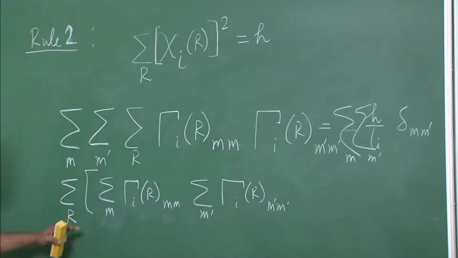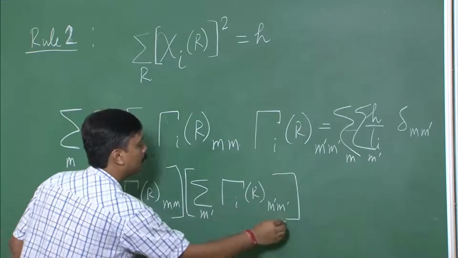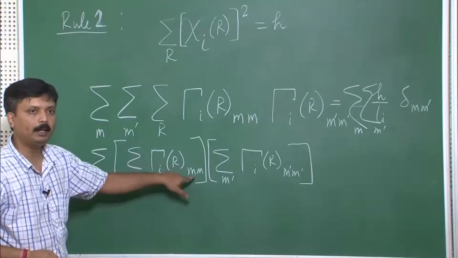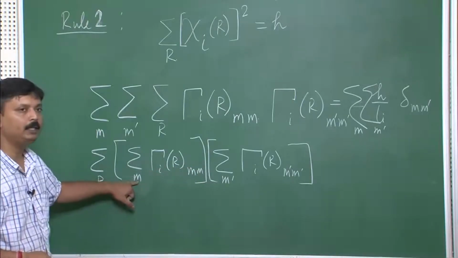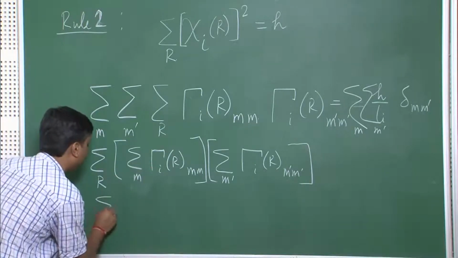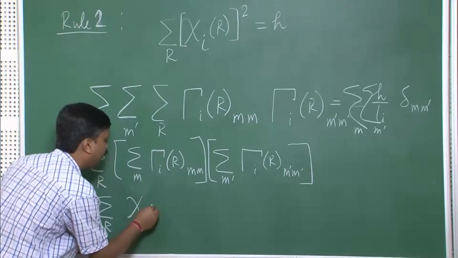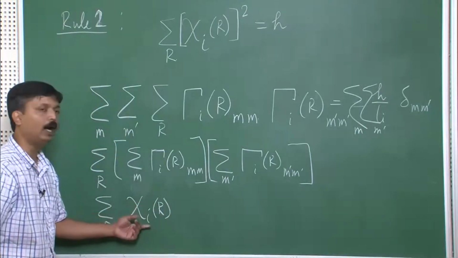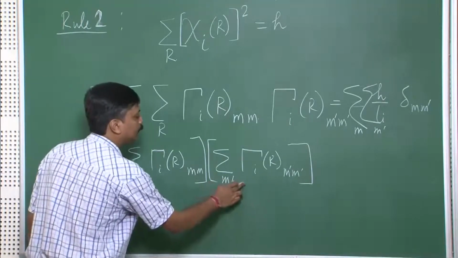Fine. So what does this give me? Gamma i of r m m means the diagonal element, and I am summing it over m, that means it will give me the trace of the matrix, that is the character of the representation. So this is nothing but the character of the symmetry operation R for the ith irreducible representation, correct? And the same thing is here.